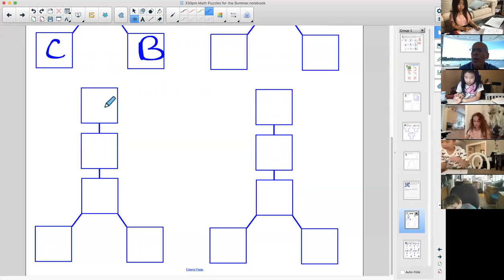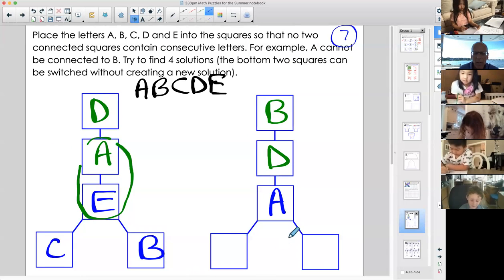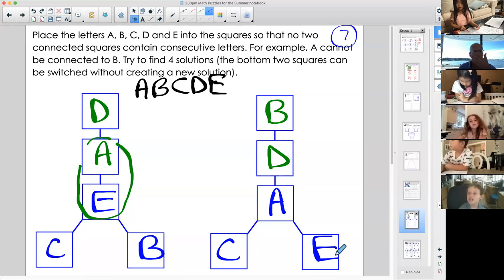Go for it. Go, Valerie. So you can put B at the top and then D next and then put A and then C in the left corner and then E at the right corner.